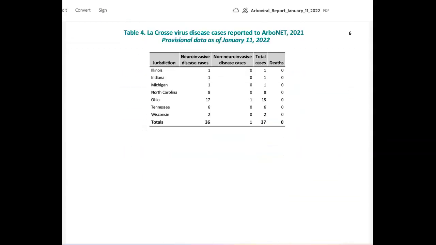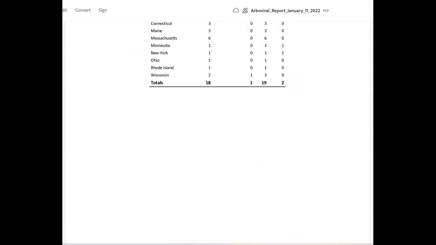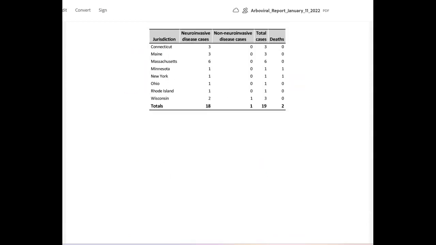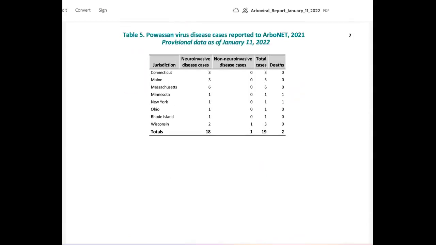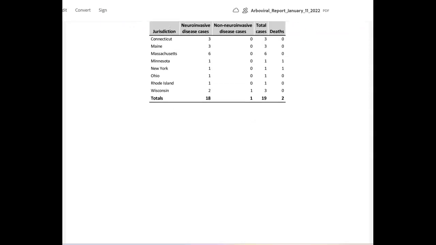And so La Crosse virus, again, 36, 1, 37 cases, no deaths. Then this is Powassan virus disease, and this is 2 deaths, one in Minnesota, one in New York. 18 plus 1, 19.